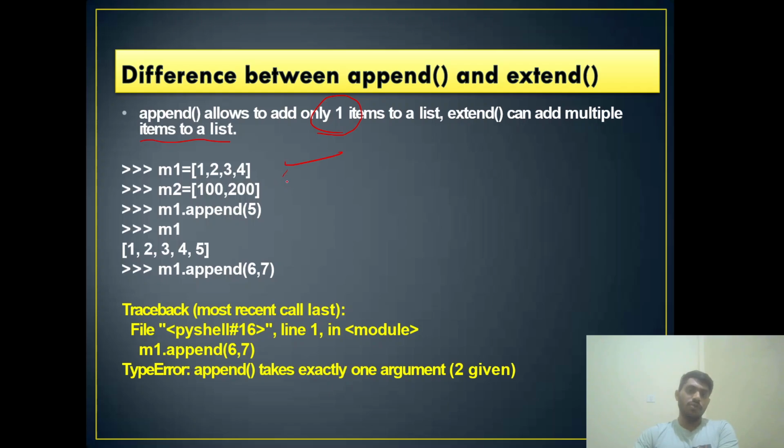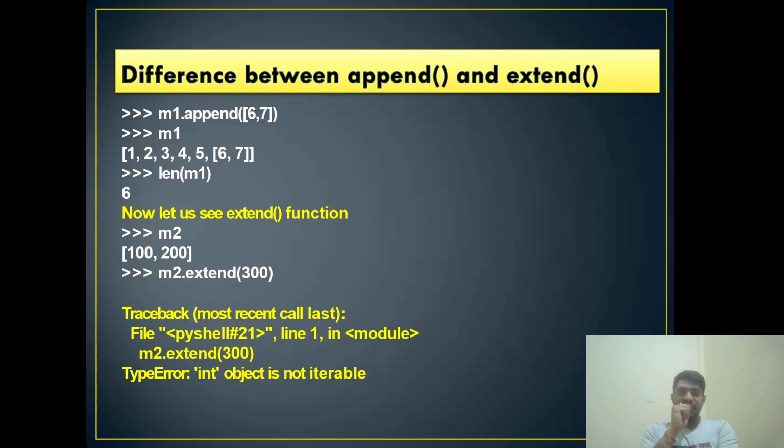You can see here M1, M2, M1 append 5, 6, 7. You can see here, single element versus multiple. But if you do it using append, it gives an error. It takes exactly one argument. By the help of the append method, you can add only a single element.